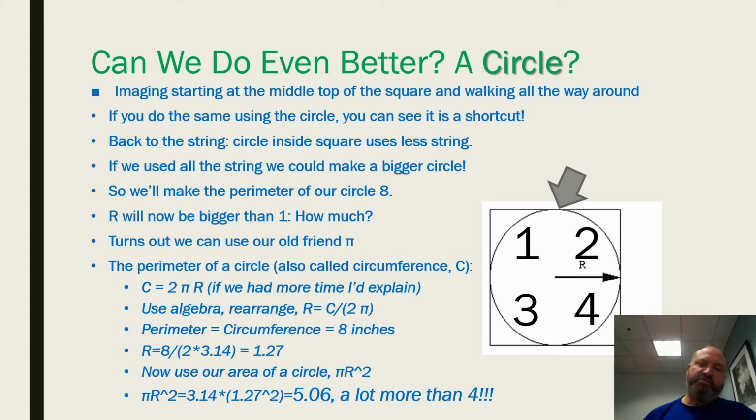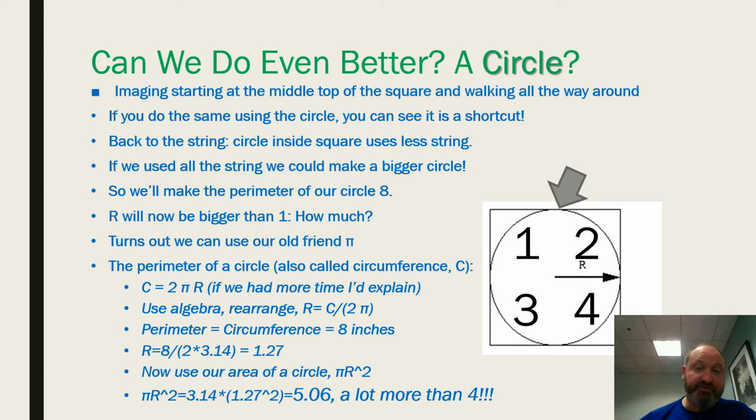So let's figure out, what if we did use the whole string to make a circle? Clearly, we could make a bigger circle. How much bigger? Well, the string has length of 8. So we're going to make the perimeter of our circle 8. It was less here before, clearly, because the square had perimeter of 8. So r, the radius, now has to be bigger than 1. How much bigger? Well, we're going to go to our formula for the circumference of a circle.